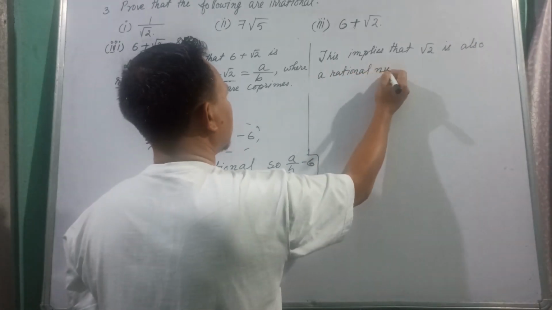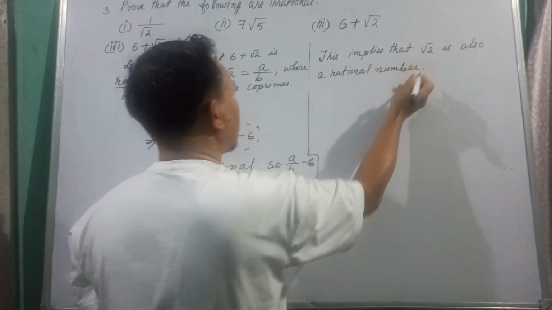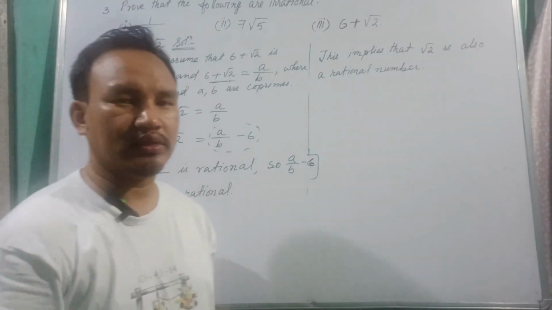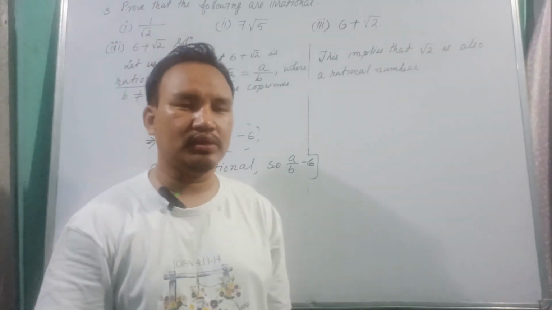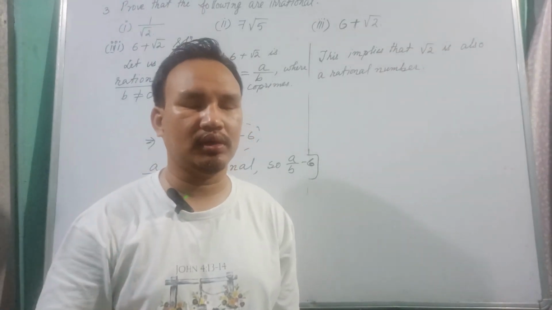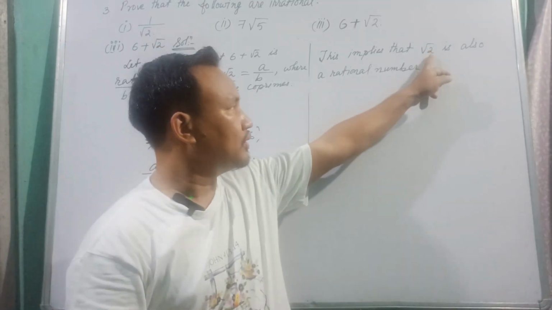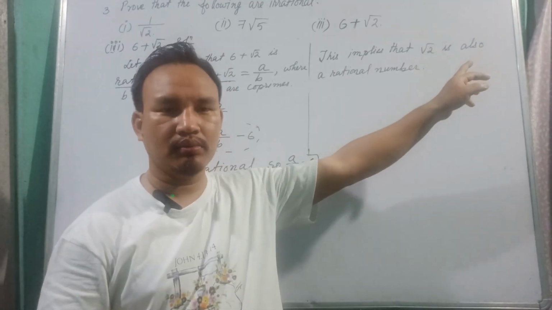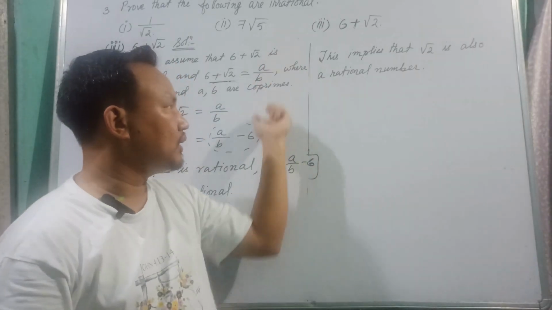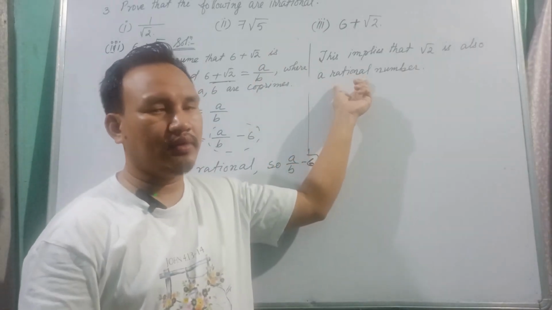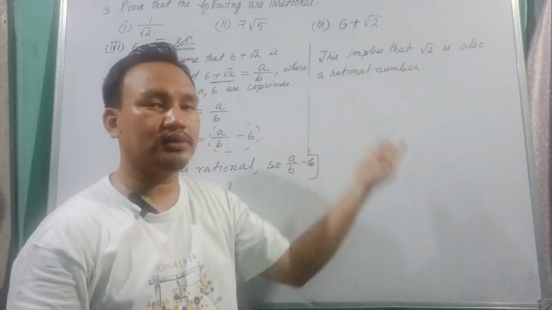Now you look at this statement. Root 2 is also a rational number. Is root 2 a rational number? We have done it already in the example. Root 2 is not a rational number. We got here that this is a rational number, but in fact it is an irrational number.